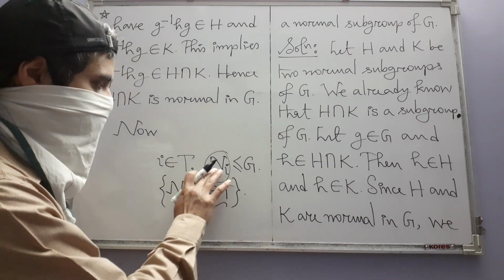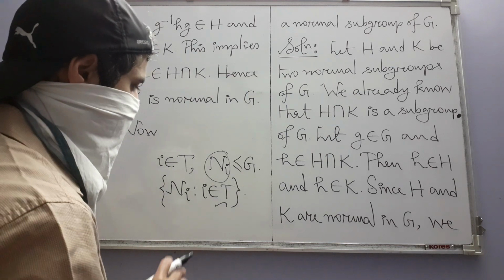That means at least one normal subgroup is there.